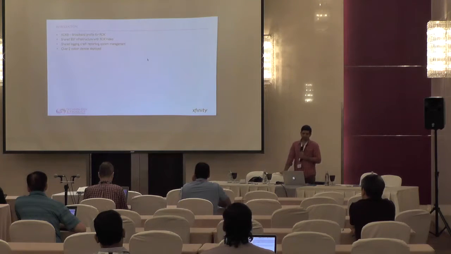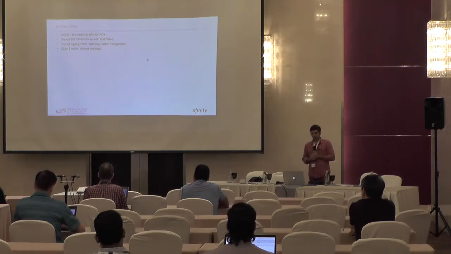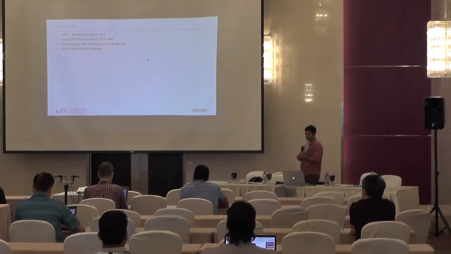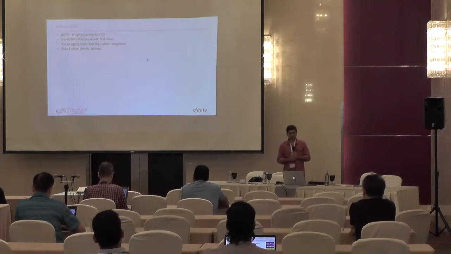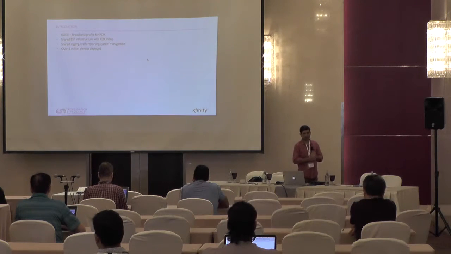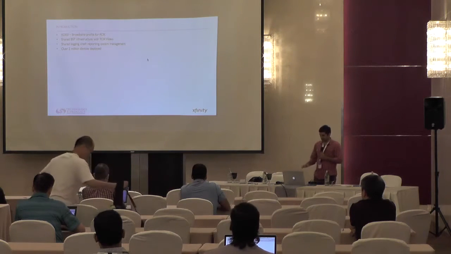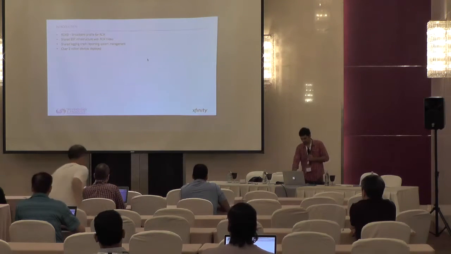So we were able to leverage that straight into the broadband profile as well. Right now it's fairly new, introduced early this year, and we already have almost 2 million devices in the field, and probably it will be over 10 million by the end of this year.